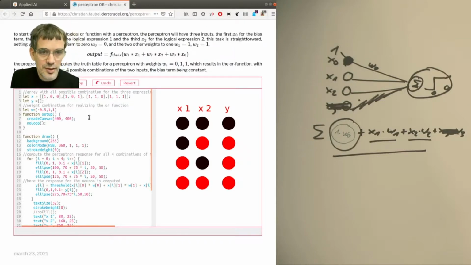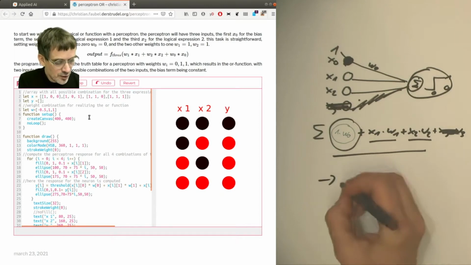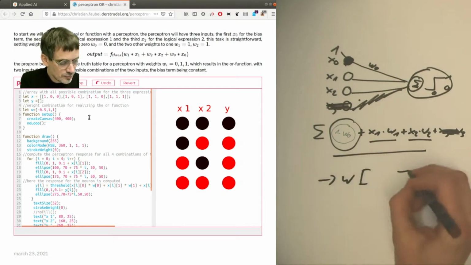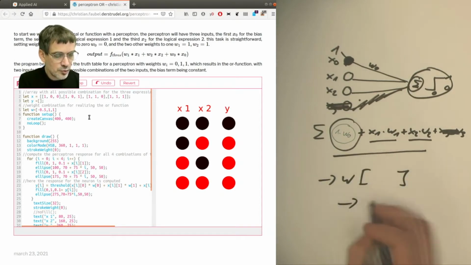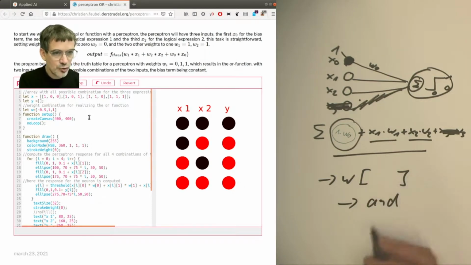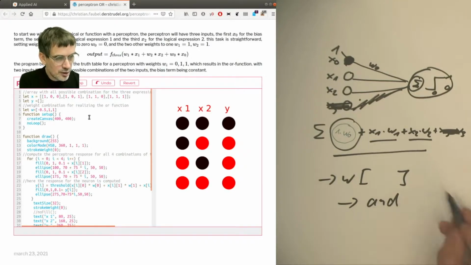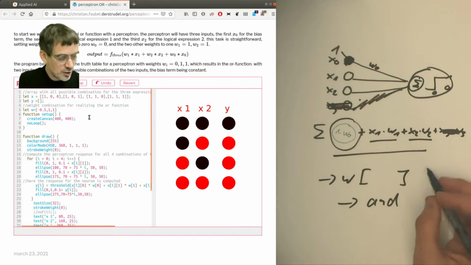And the first exercise for playing around with this script is to find a weight combination that produces the AND function as output. So modify the weight vector in order to produce an output that looks like the AND function. I hope you remember the AND function. I'll quickly draw the truth table, how it should look.